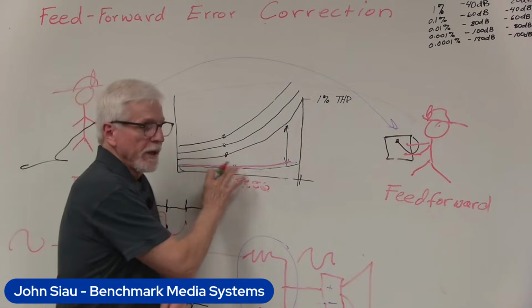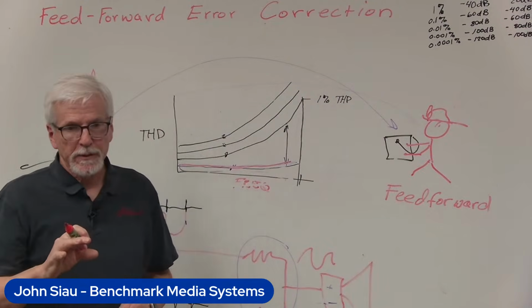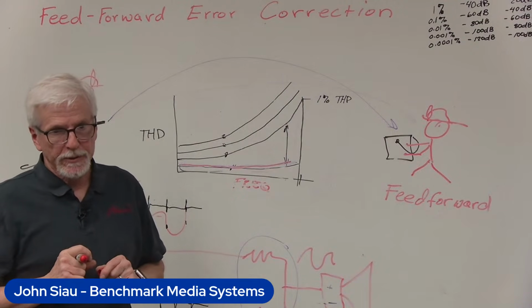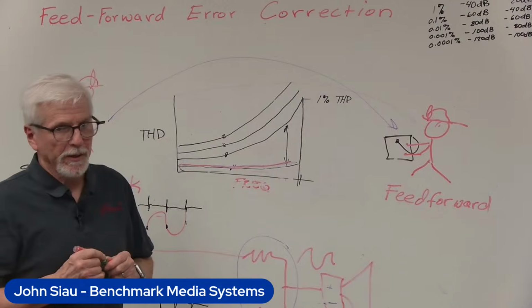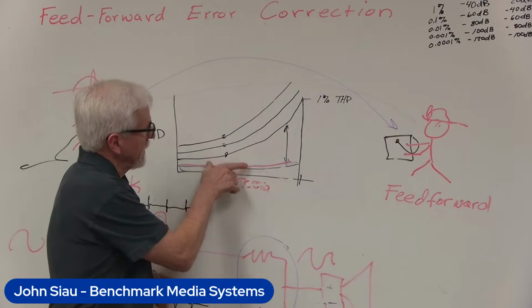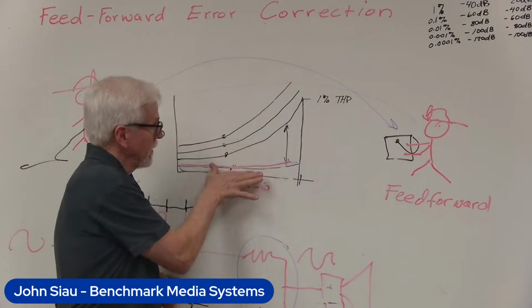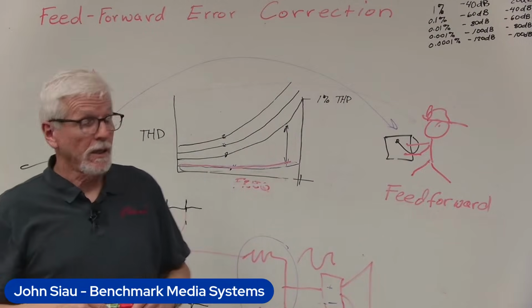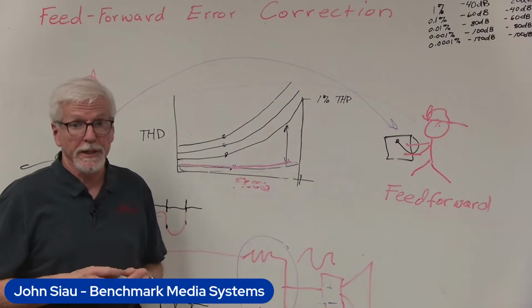When you go to bridge mono, your 8 ohm speakers are going to look like 4 ohm speakers to the power amplifier. And if that line was higher, you'd lose a lot of the advantages of the AHB2.